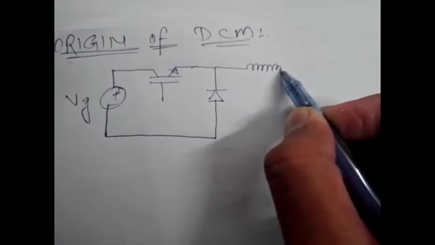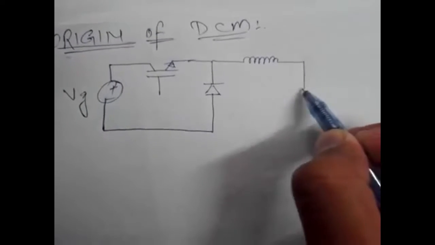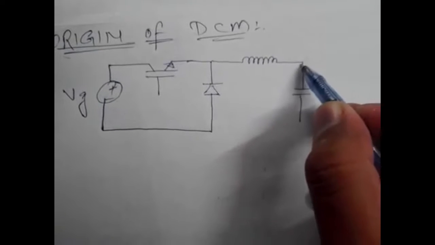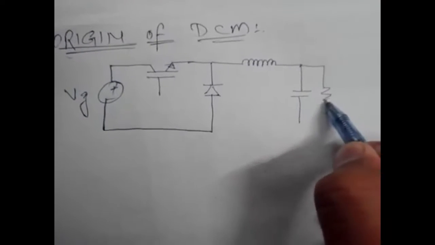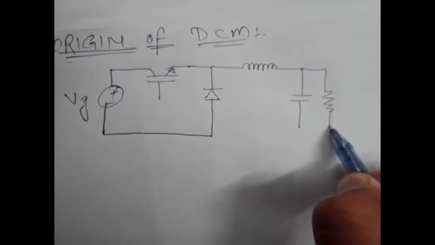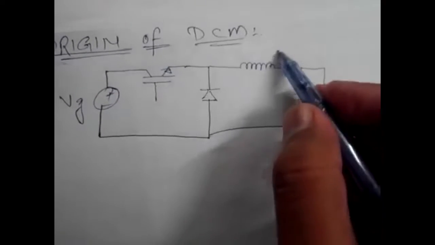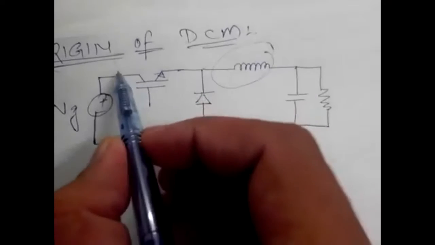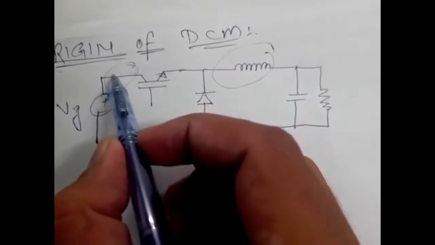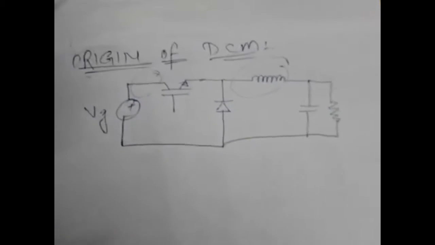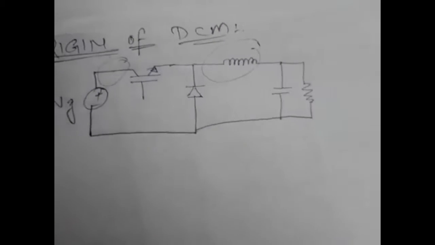This is the boost converter. So the inductor will be connected at the load side. And it is a buck converter, so the inductor is connected at the load side, while in a boost converter the inductor is connected at this side.